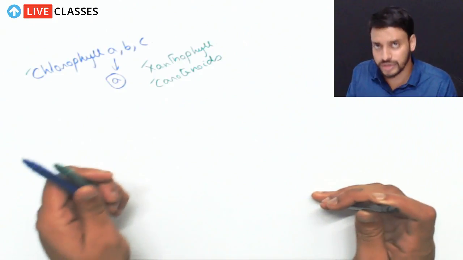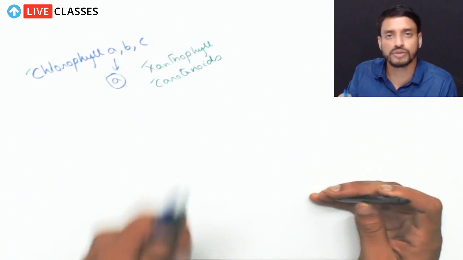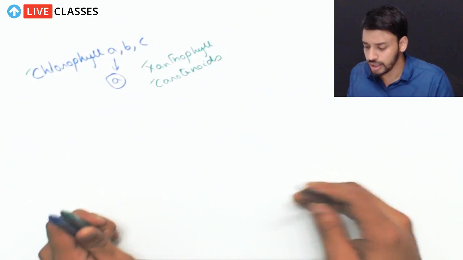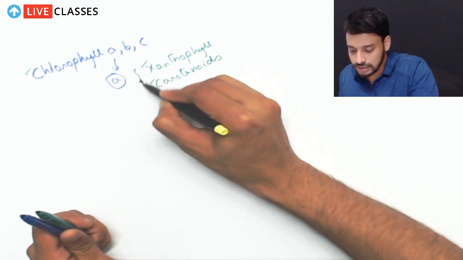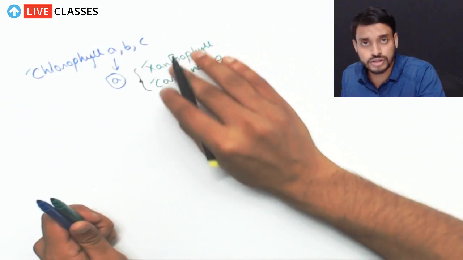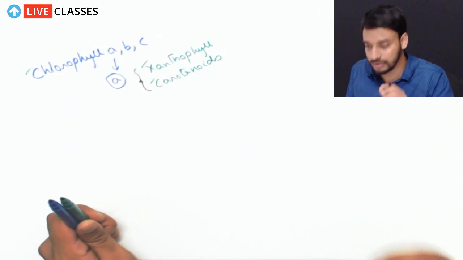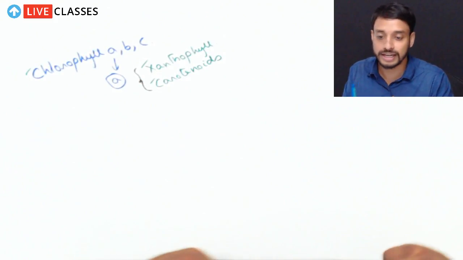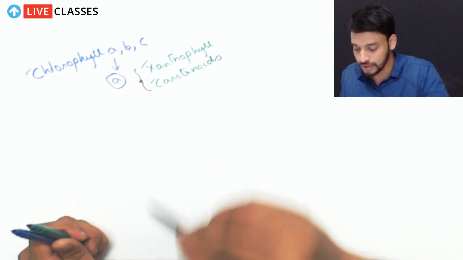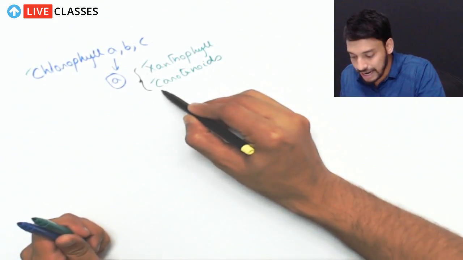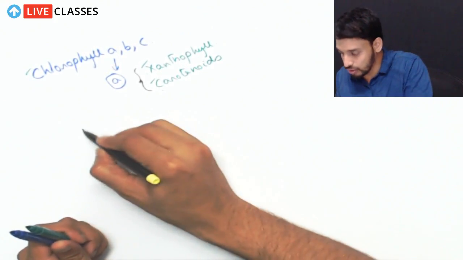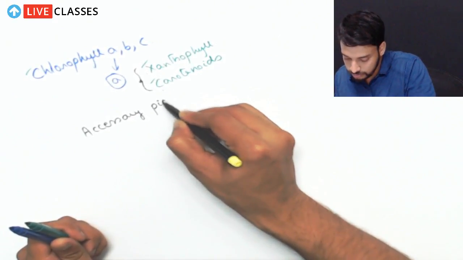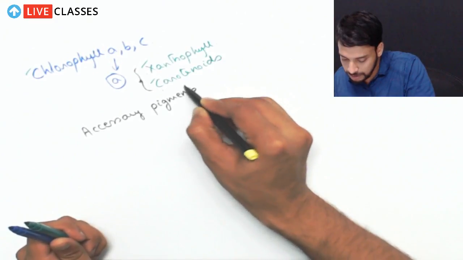Now you can ask a question: if chlorophyll helps in the process of photosynthesis, why do we need these other pigments? We will understand this question later on, but we can tell it very easily. Chlorophyll A is the center, it's the boss. It helps in the process of photosynthesis. Xanthophylls, carotenoids and all these other pigments are known as accessory pigments.